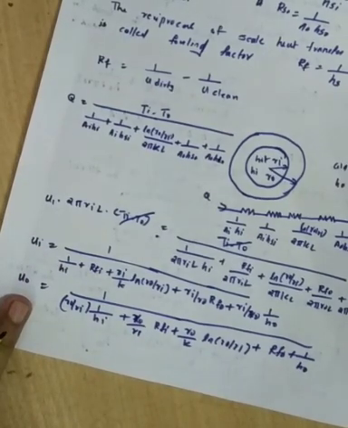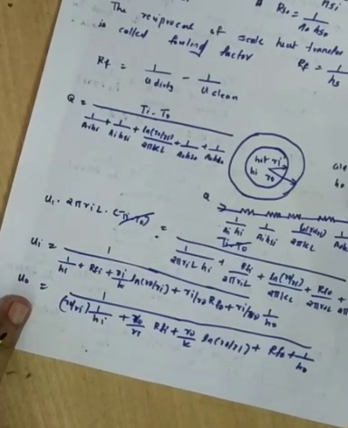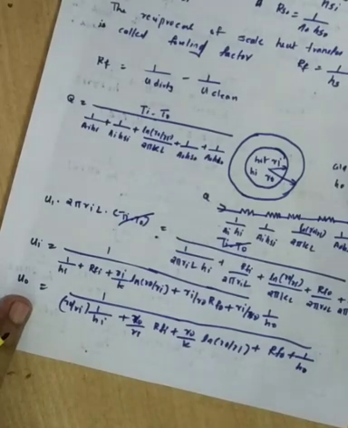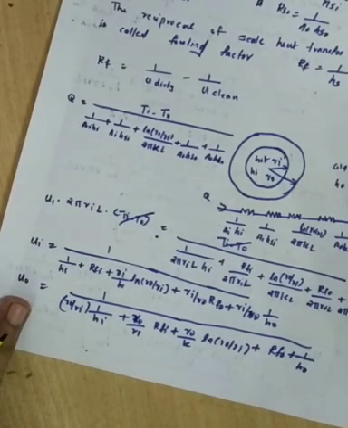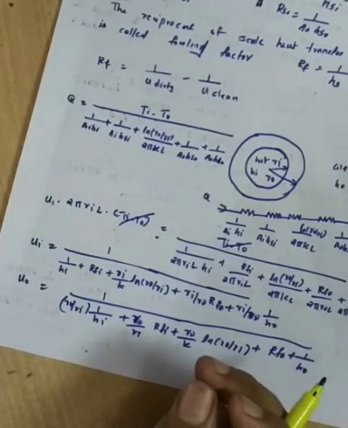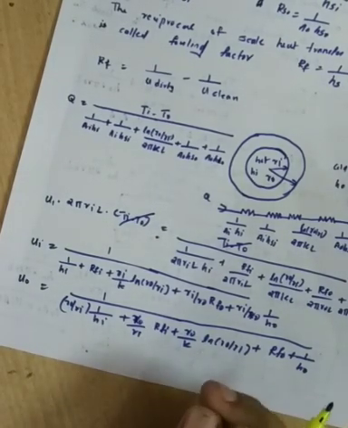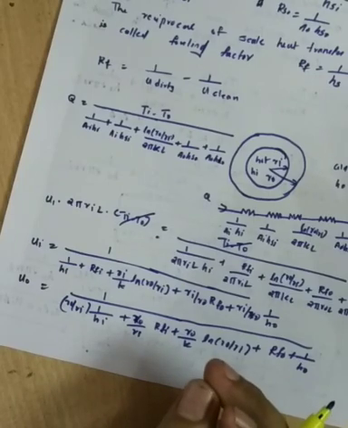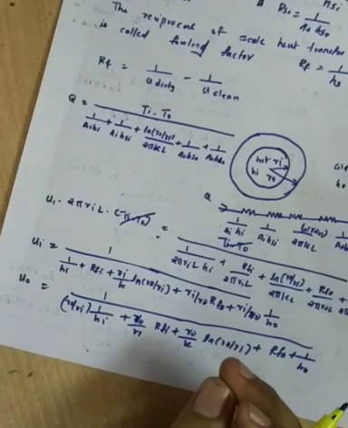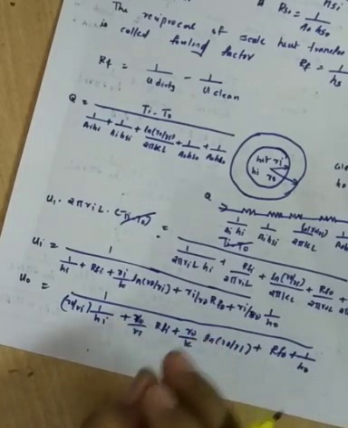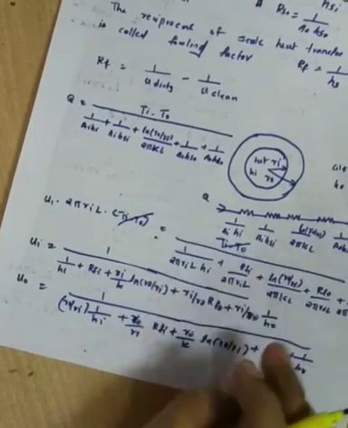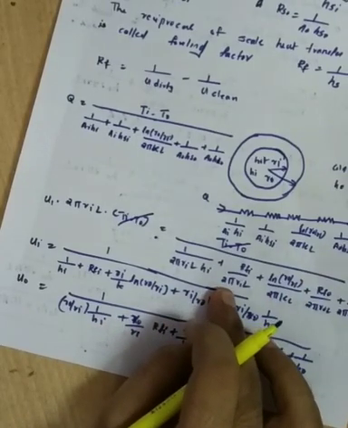In practical cases, the tube is thin walled, and the thermal resistance due to the tube wall thickness and the scale formed are neglected. In most cases, we consider the thickness of the tube to be very thin, so the thermal resistance due to the tube wall thickness is very less, and the thermal resistance due to the scaling is also very less.